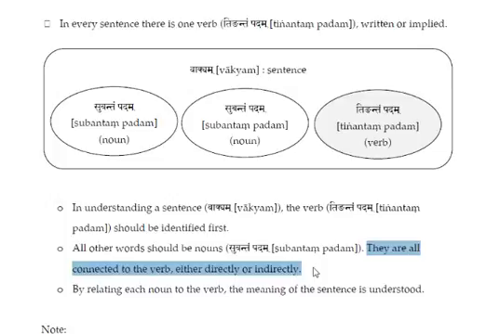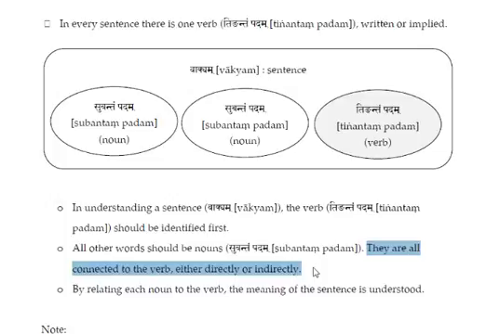Ramaha vanam gacchati. Gacchati is the center of the sentence. Gacchati is the verb, and Ramaha and vanam are connected to the verb. The verb: he goes. Who goes? Ramaha, the agent. Where does he go? The object, vanam.